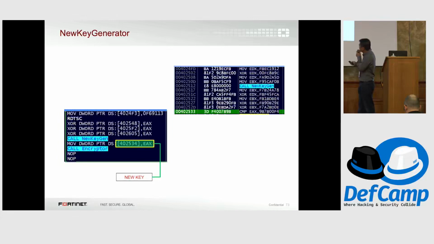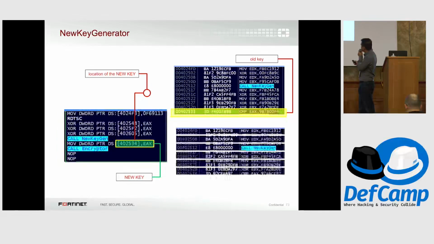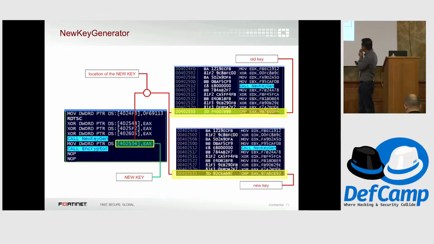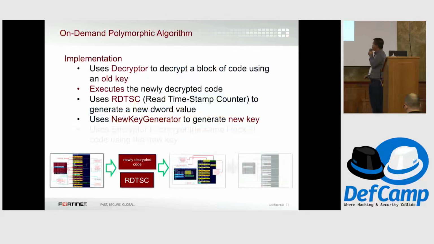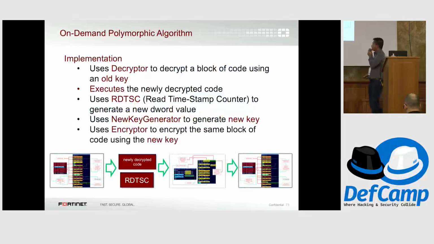After running this, it will become a different key. See the difference? This is the call for the RDTSC, and this one is the new key. And then that's it. It's encrypted. Now it's encrypting the block of code using the new key.